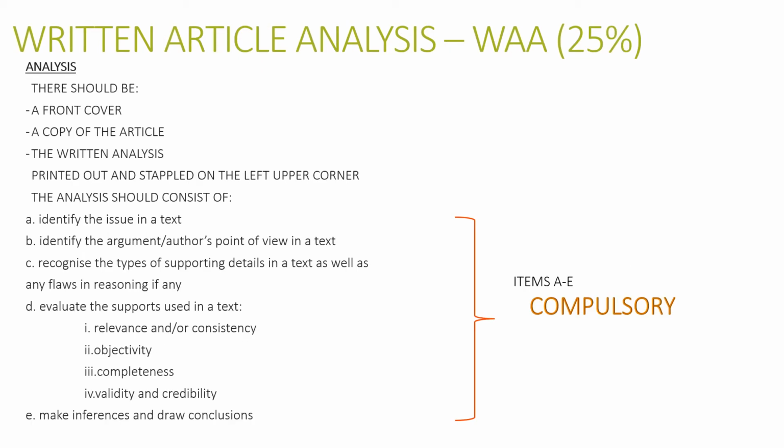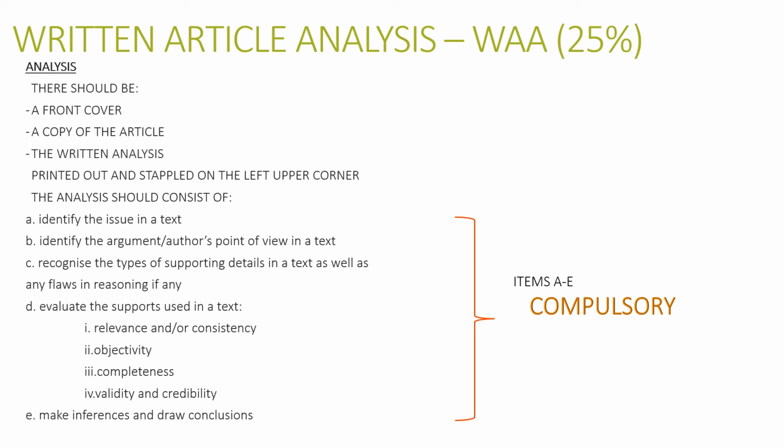Okay, what should you be analyzing? Before we talk about the analysis, let me talk about what is needed for your article analysis. Of course, you need a front cover and a copy of the article. Once you have downloaded the article, you must attach it together with the written analysis of the article.